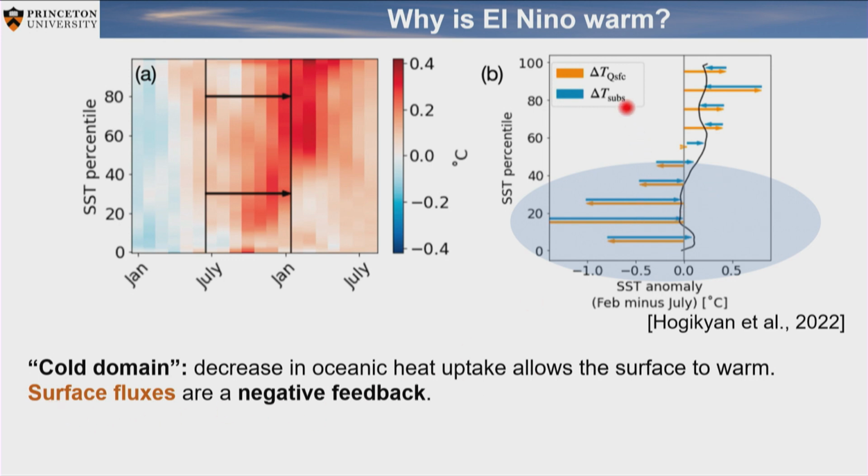So the surface fluxes, these orange ones here, are a negative feedback. What does that mean? As temperatures go up, you start having more evaporation. That's probably our intuitive expectation. The energy must come from somewhere, and obviously in this case it's the subsurface process, which is exactly that Kelvin wave, and so we're not having the upwelling anymore. So this is kind of what we expect.